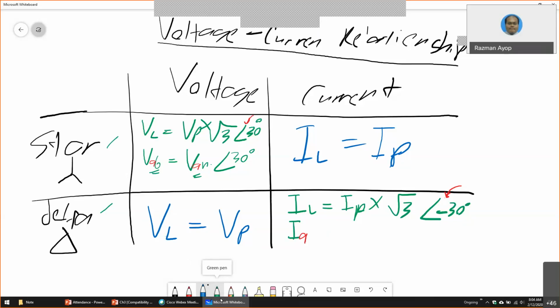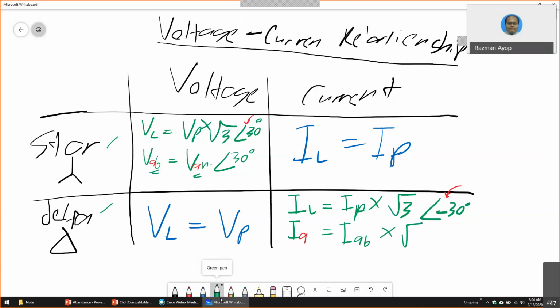So IA is basically equal to IAB multiplied by square root 3 angle negative 30. So you have to make sure this is the same. Okay, so this is from the last class.